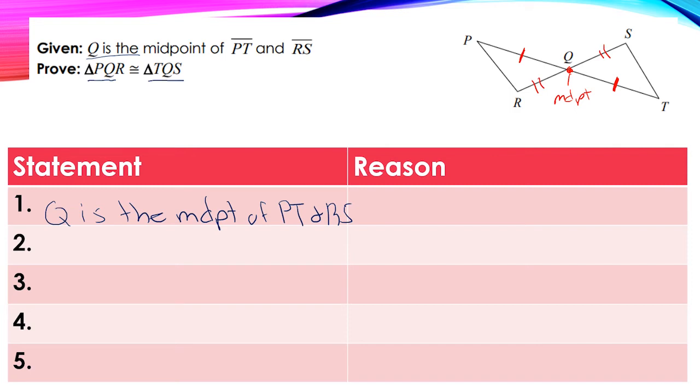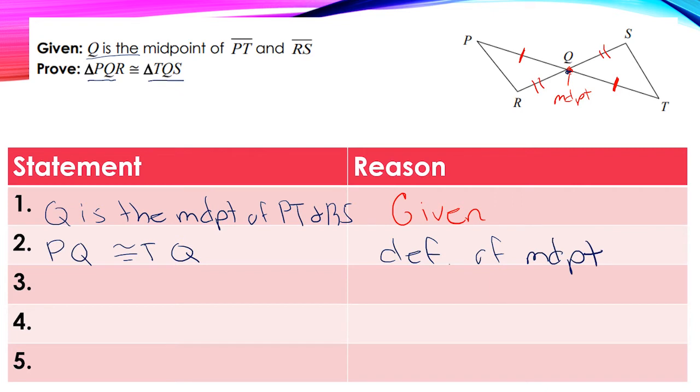So I forgot to put given here. Change the color back. Alright, so PQ is congruent to TQ. How do we know that? Q is the midpoint. We could say that that is definition of a midpoint.